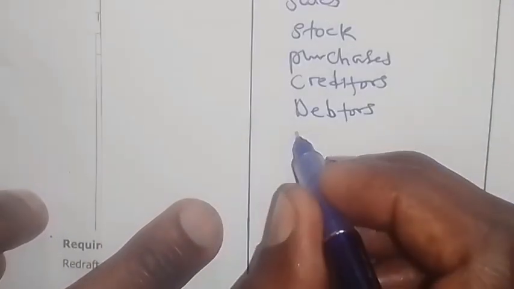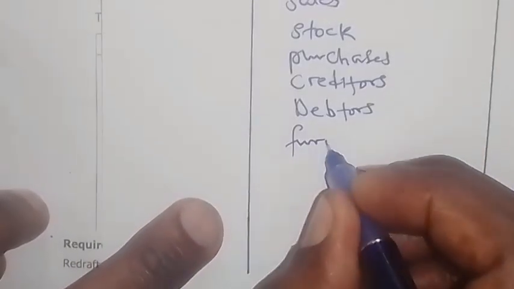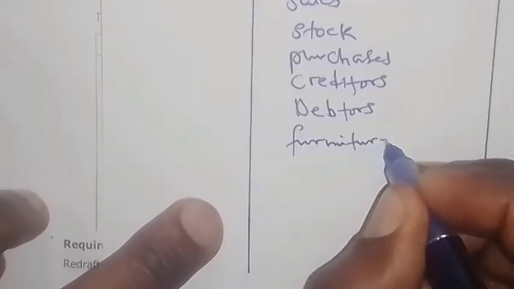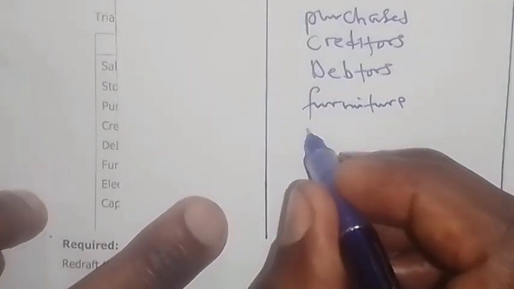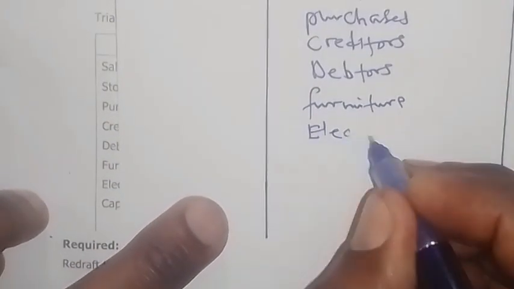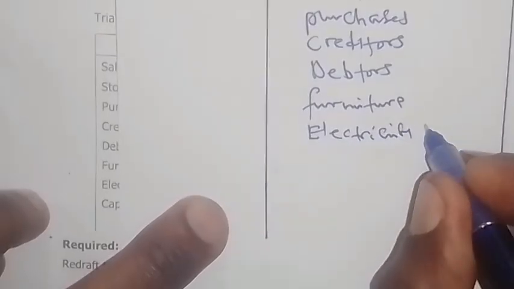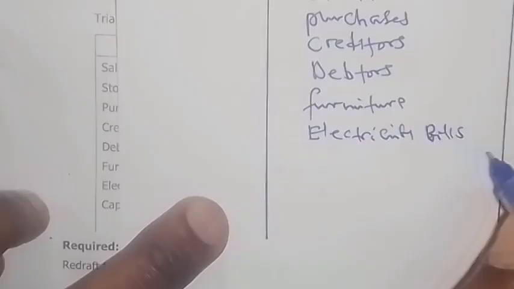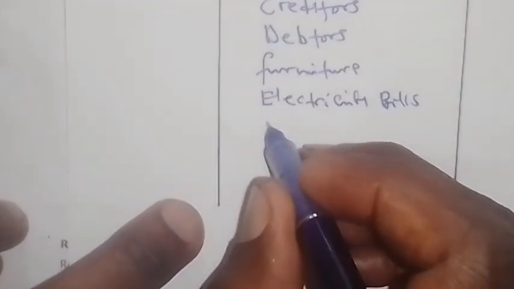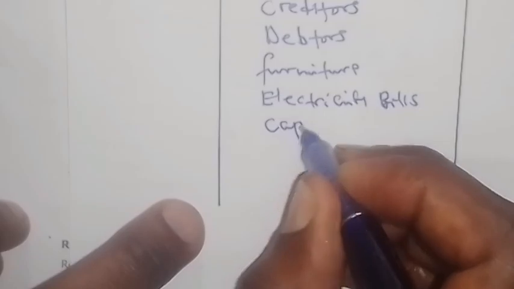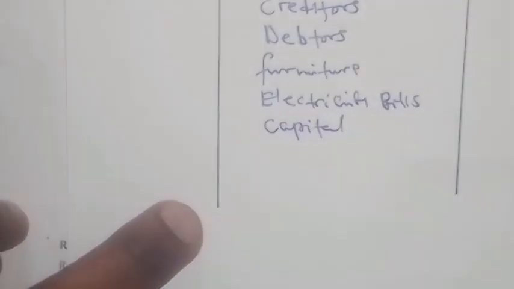We also have furniture and electricity bills. Okay, and then you also have capital.